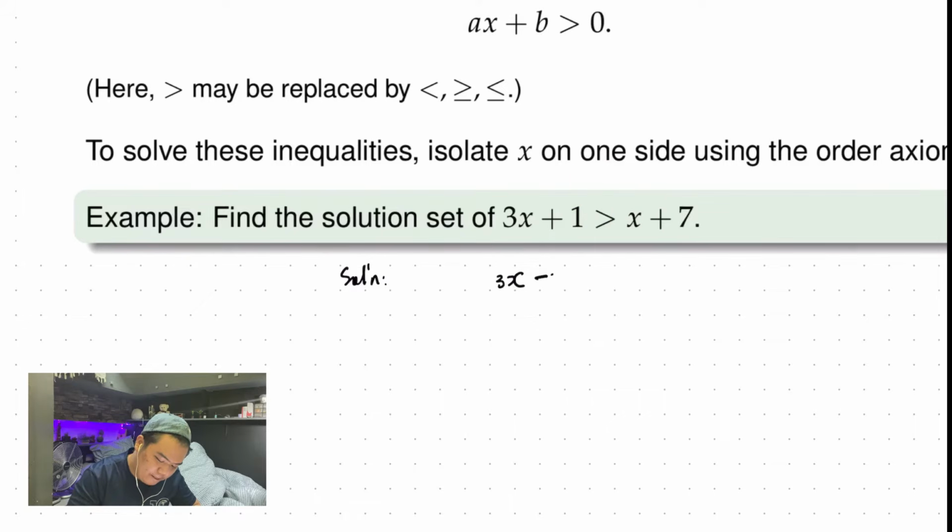Eto, pwede mo lipat sa kabila. Anong reason nung pwede maglipat-lipat? Kasi pwede ka mag-add ng same number on both sides. Pag sinabi sa property na pwede kang mag-add ng same number on both sides, pwede kang maglipat-lipat na nag-change lang yung sign. So, 2x is greater than 6.